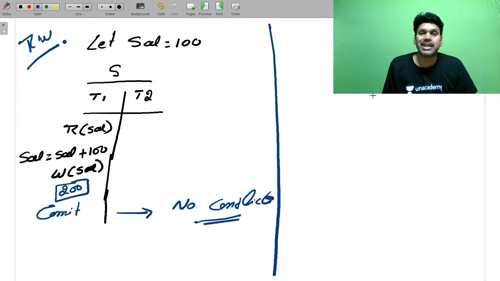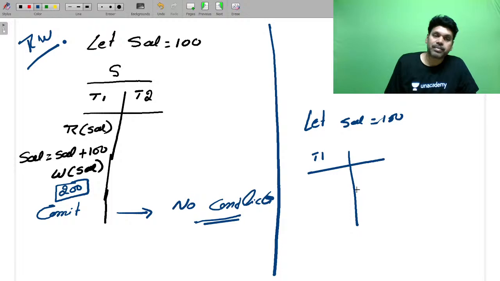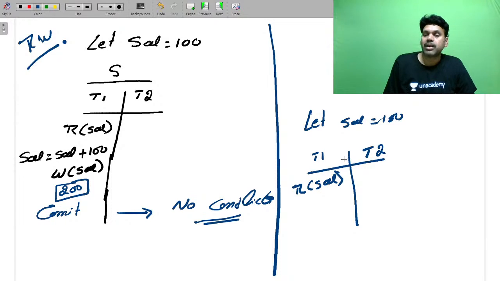Now I'm writing a situation for RW. Why is it called incorrect summary? Let sal begin with 100. As usual, T1 performs a read of sal. Then it comes to know that 100 is the value.